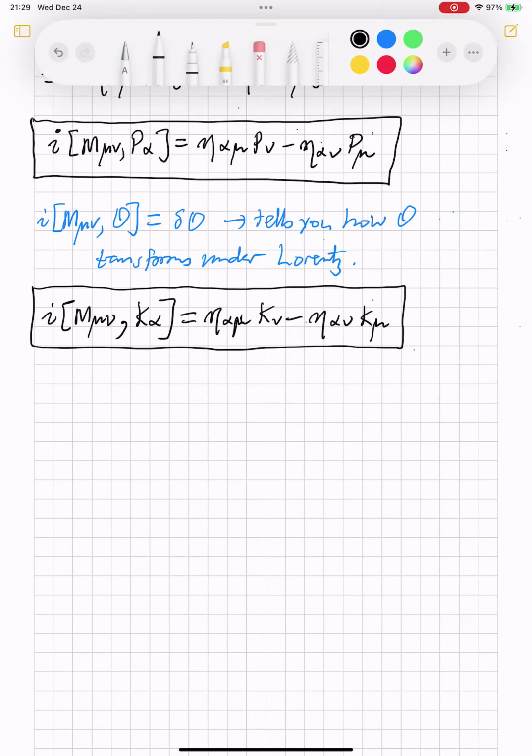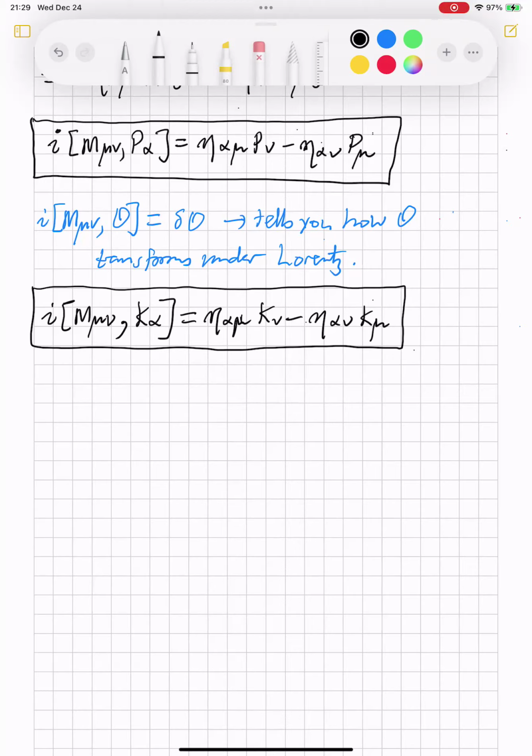They must transform in the same way under the Lorentz group because they are both vectors. But now you can calculate this special conformal generator commutator with the Lorentz generator exactly as we did for the Lorentz generator in momentum, and you can verify the boxed equation that I've just written down.